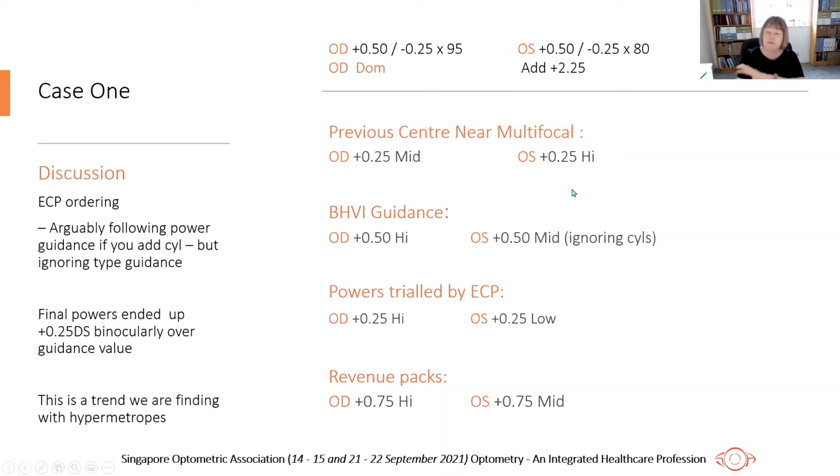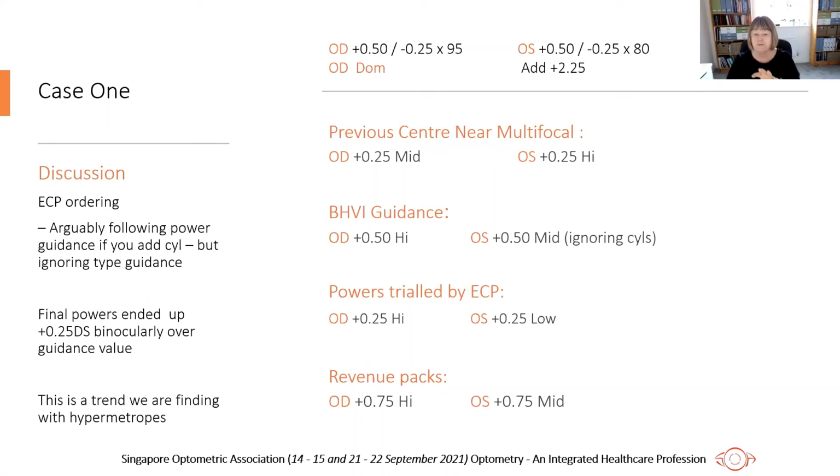So the ECP swapped them around to BHVI EDOF lenses. If we ignore the cyls in this case, the BHVI guidance would be 0.50 high, 0.50 mid, which is not at all the same as what they're wearing for multifocals.